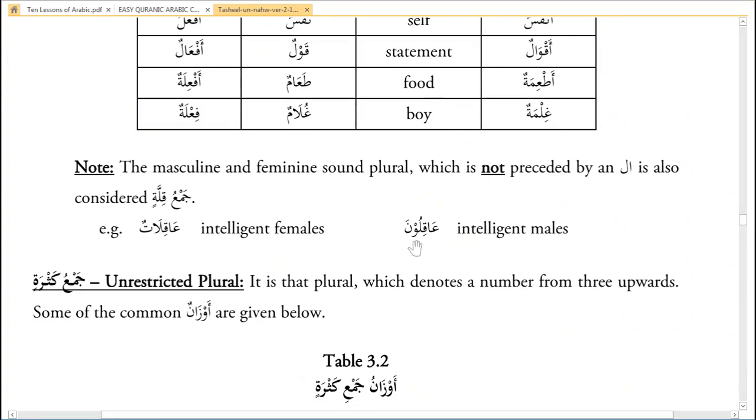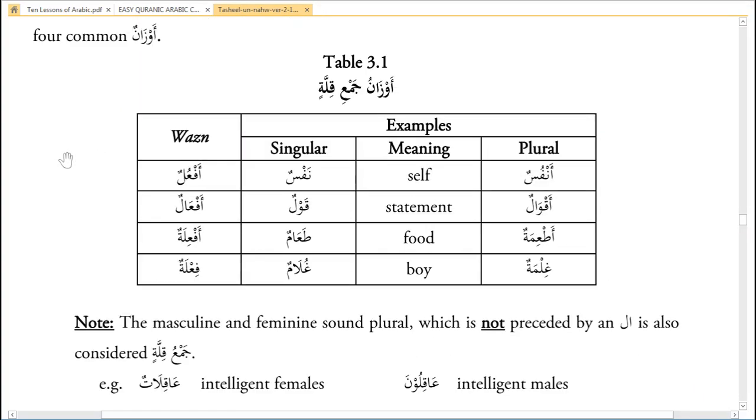And aakiluna for males, so aakiluna is without alif lam, so it will also be Jam'u Qilla. Make sure whenever we see these words without alif lam, we should understand that it is Jam'u Qilla, 3 to 10. We can't say these are too many people. So aqiluna means intelligent males or intelligent people, from 3 to 10, because it doesn't have alif lam. So that was Jam'u Qilla.